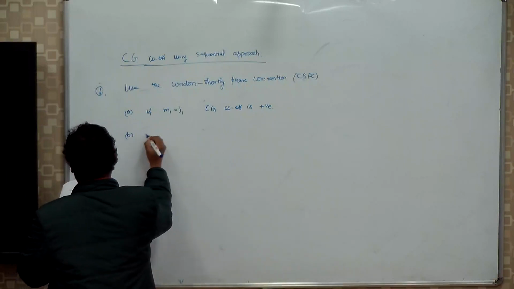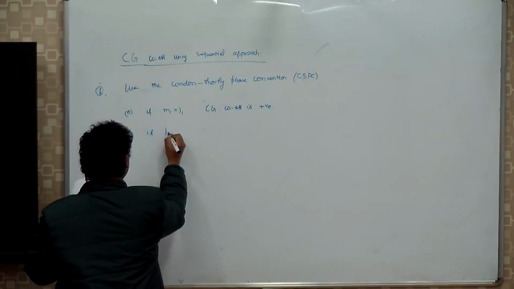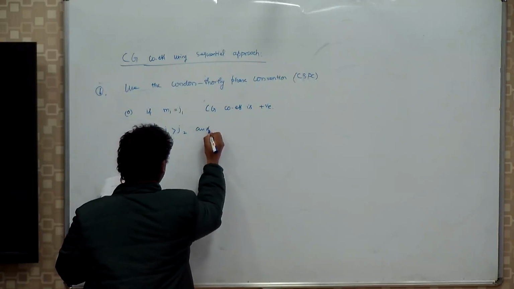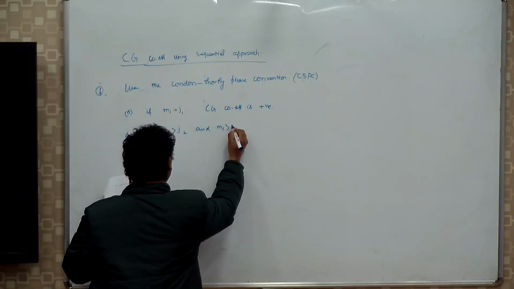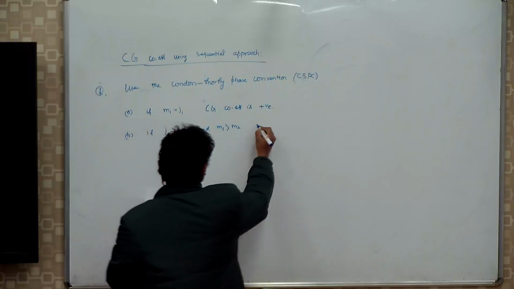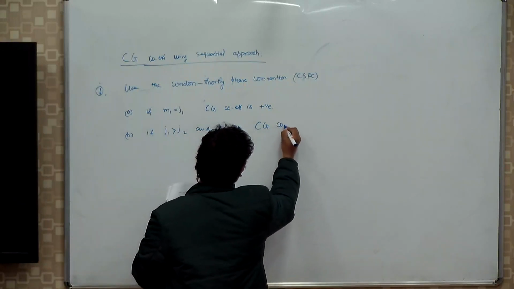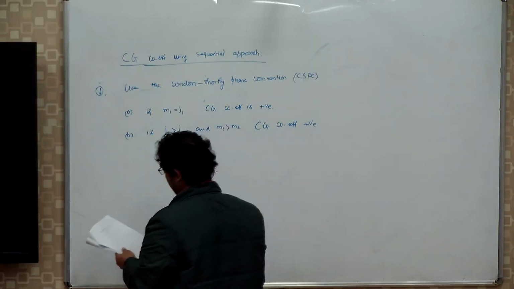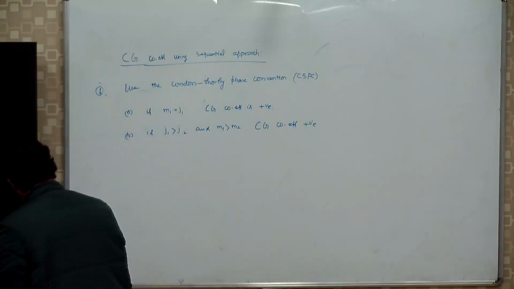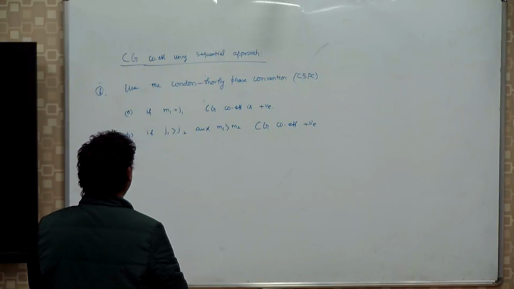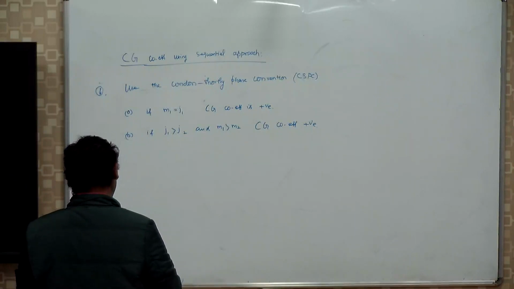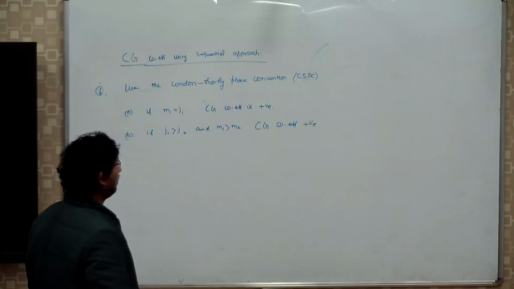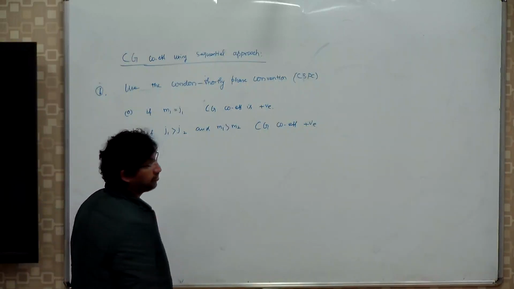And the second: if j1 is greater than j2 and m1 is greater than m2, the CG coefficient is also positive, otherwise it is negative. Okay. So how we will actually get the positive CG coefficient and negative CG coefficient, we will discuss with one example in the next classes. That's it.